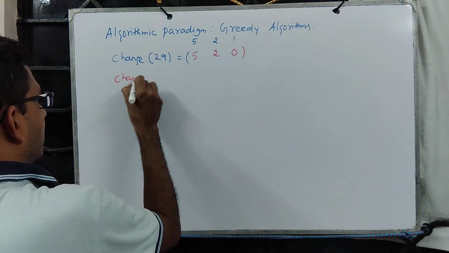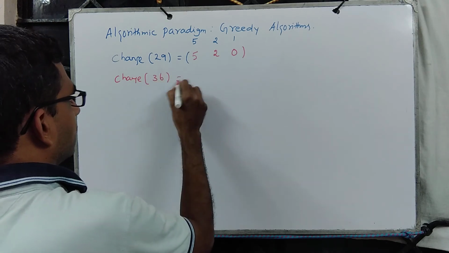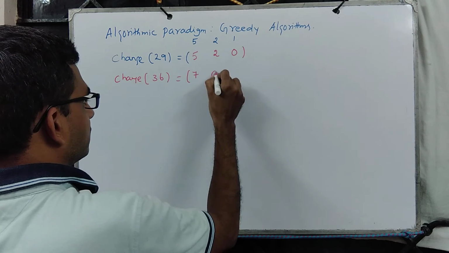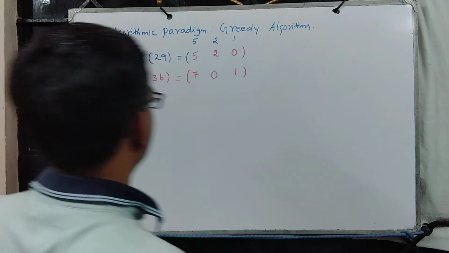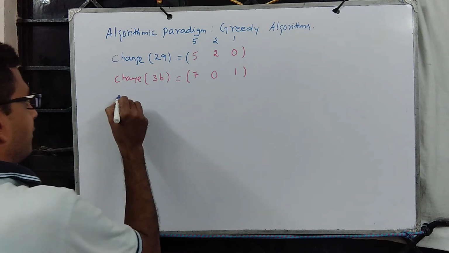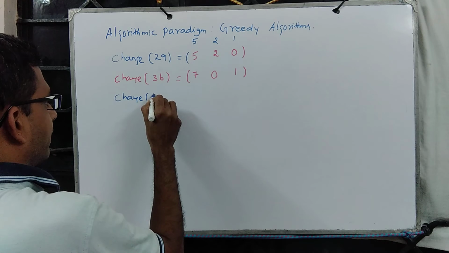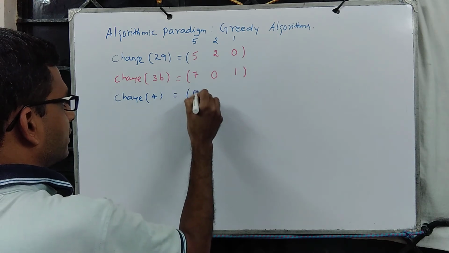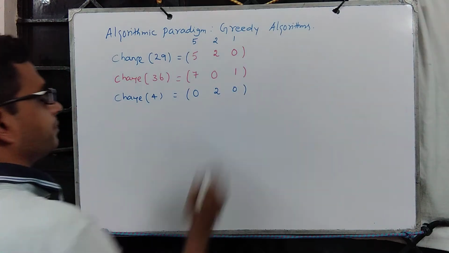Change for say 36: you supply 7 5 rupee coins, 0 2 rupee coins and 1 1 rupee coin. And change for say rupee 4: we cannot use 5, use two 2 rupee coins and 0 1 rupee coins.